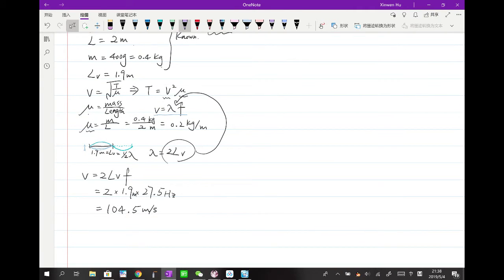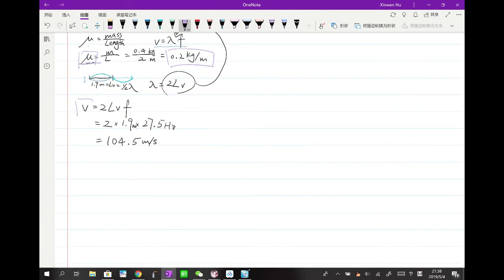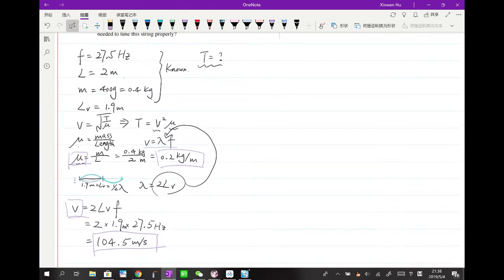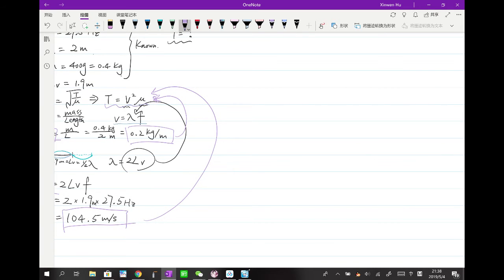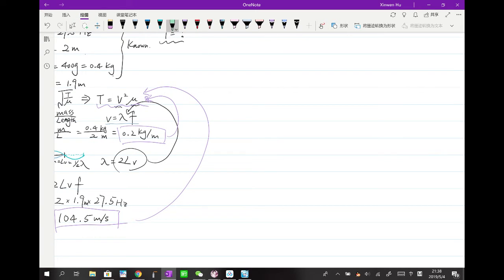Now we know the mu, which is 0.2. We know the velocity, which is 104.5. Then we can put them in this equation, in the tension equation, which will let us find tension equal to 104.5 squared, which is velocity squared, times 0.2, which is mu.